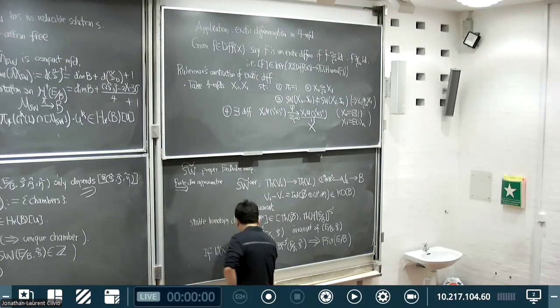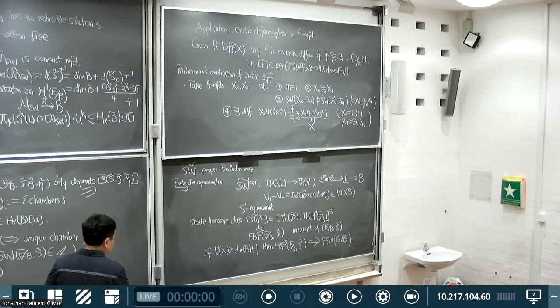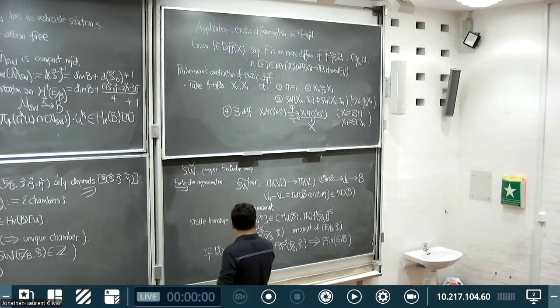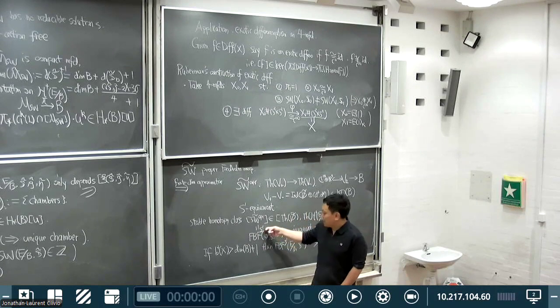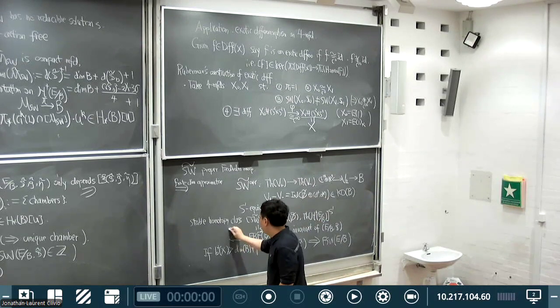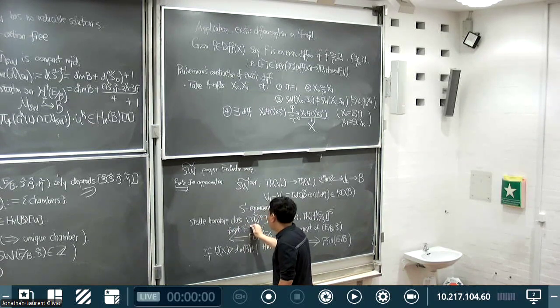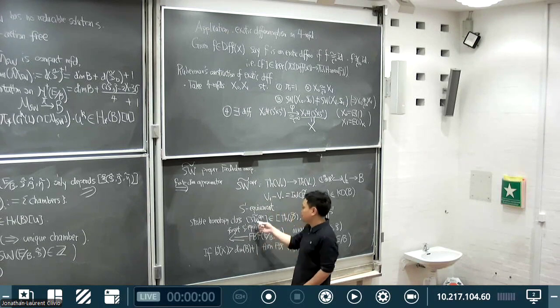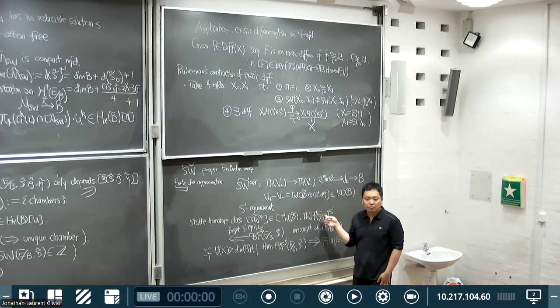Anyway, one can also interpret this: this is an S1-equivariant stable homotopy class. We can also forget about S1 equivariance and just treat this as a stable map between these two spectra.